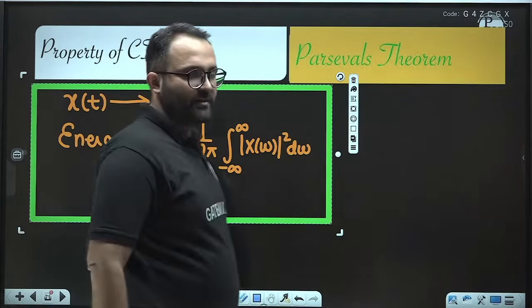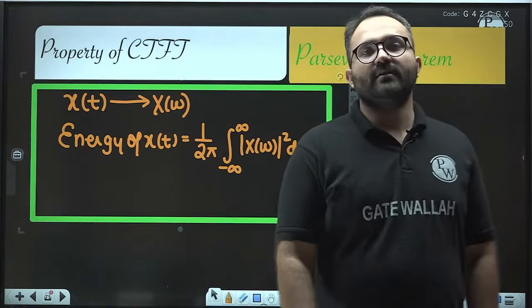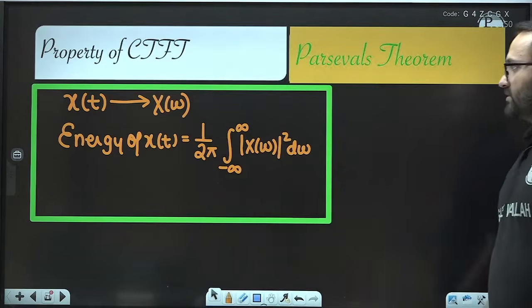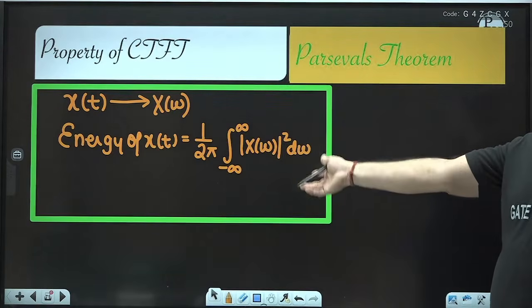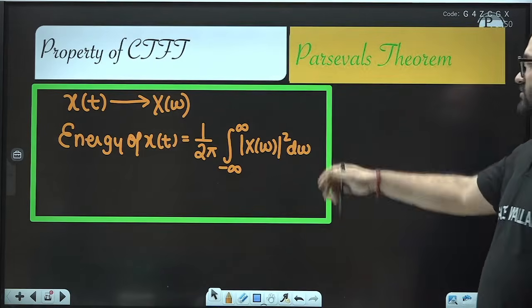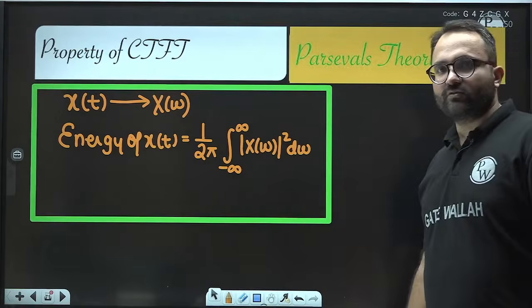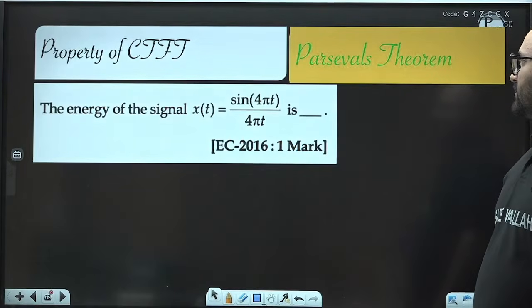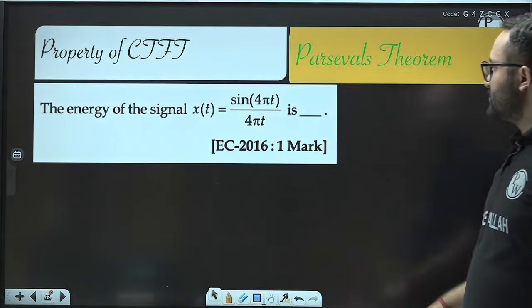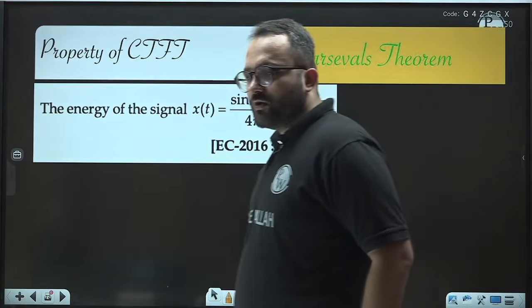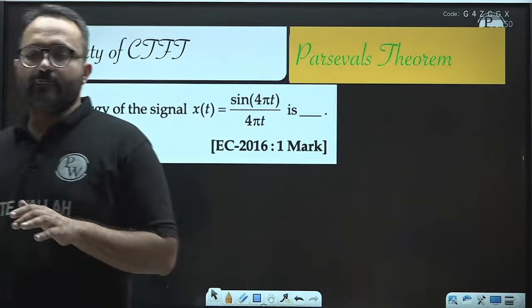You need to remember this property also. Okay, this is a very important property, that is, energy of x of t for the energy signal. So energy of x of t is equal to 1 upon 2 pi integral from minus infinity to infinity of mod X of omega square d omega. So suppose we have to find out the energy of this signal. Okay, so in these questions the Parseval's theorem is used.